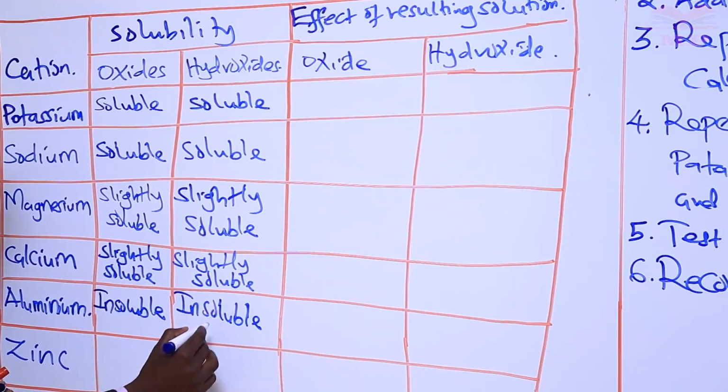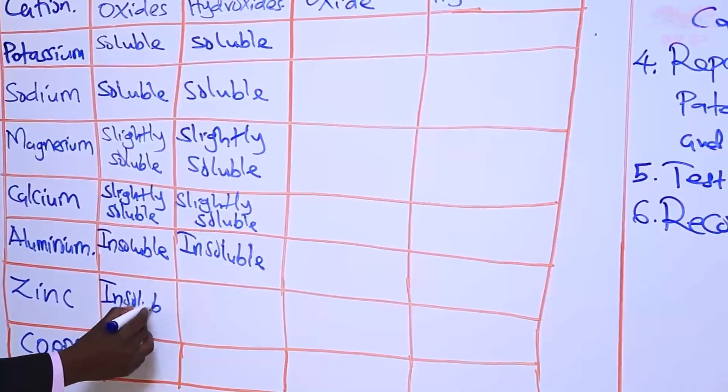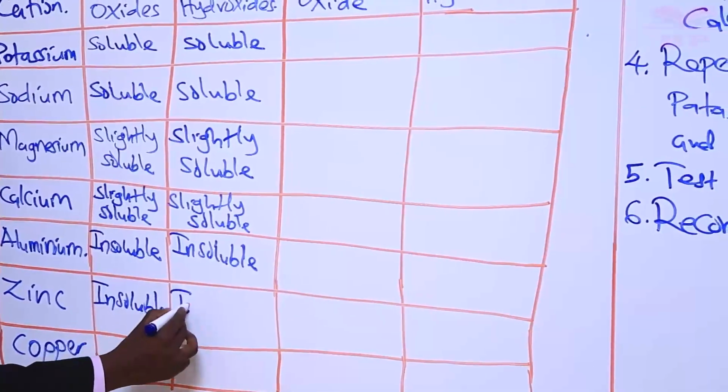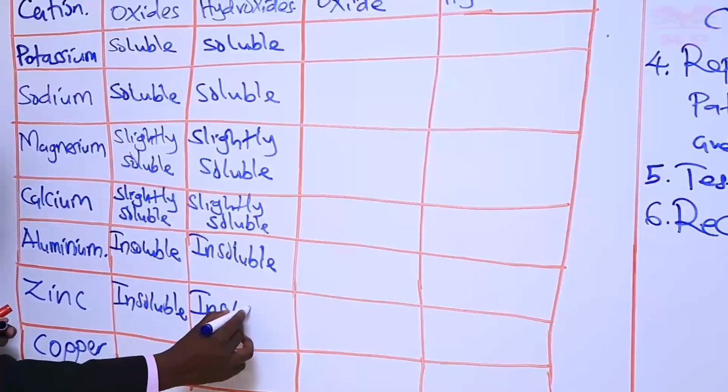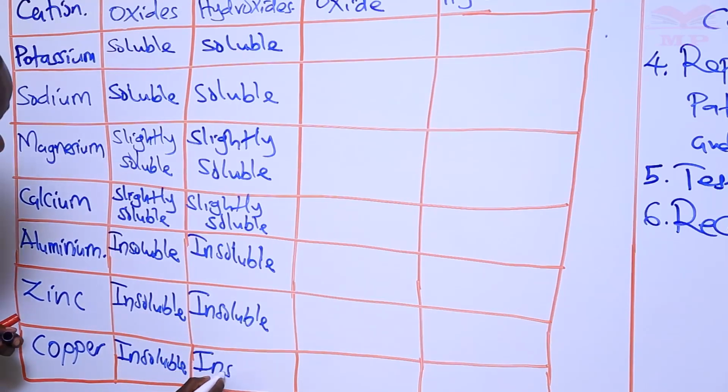It will not dissolve. The same applies to zinc. Zinc oxide is insoluble in water, as well as zinc hydroxide. Copper oxide, the same thing, is insoluble in water, as well as copper hydroxide.